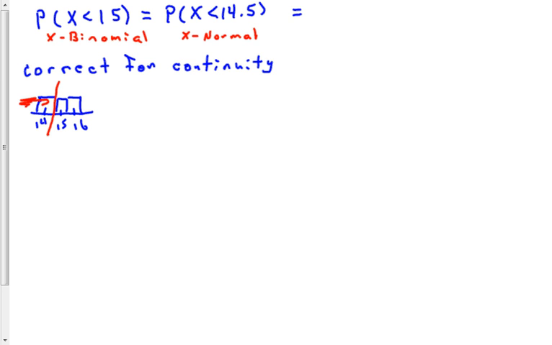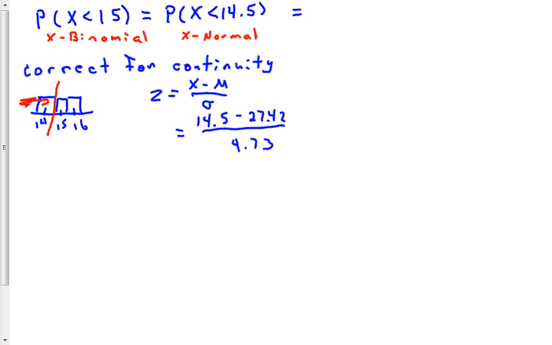That is changing it to z, because we have to go to the standard normal, x minus mu over sigma, 14.5 minus 27.42 over our standard deviation of 4.73.